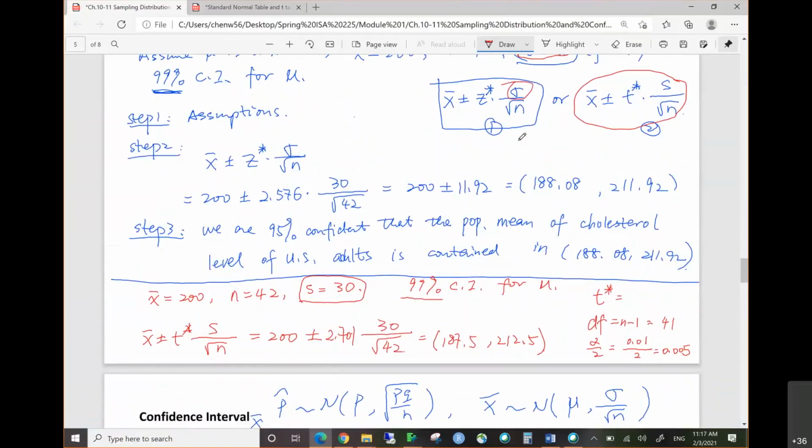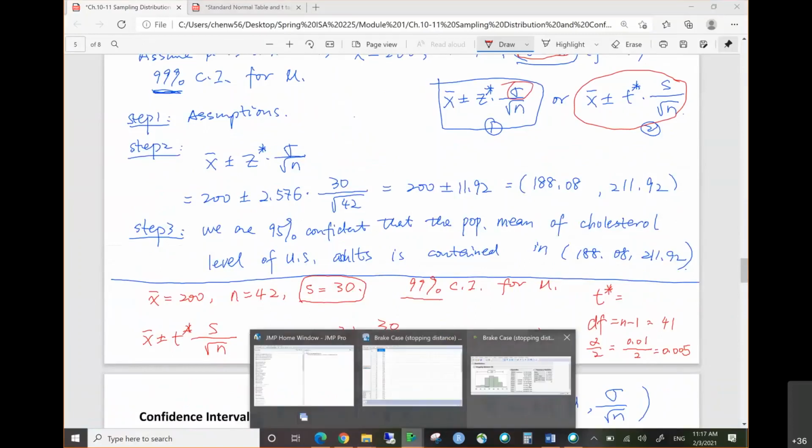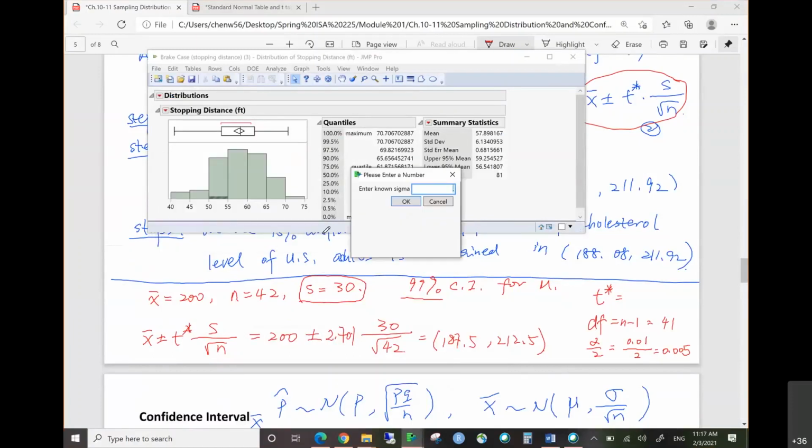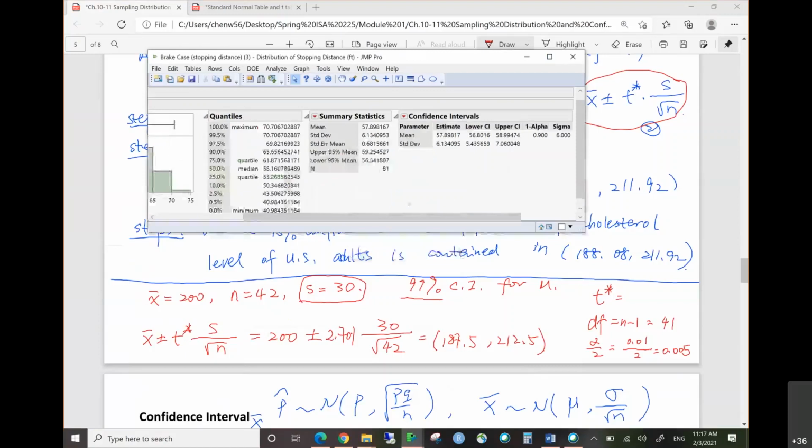That will be better, so we need to enter that information. If we know it, click this option and then click OK so that you can enter whatever the population standard deviation is. For example, if I know it is 6, then click OK.